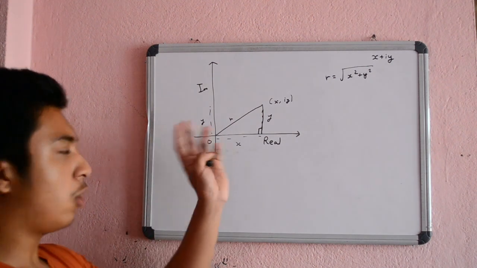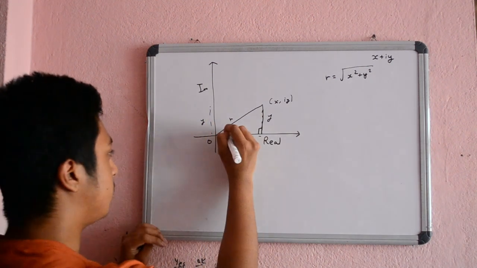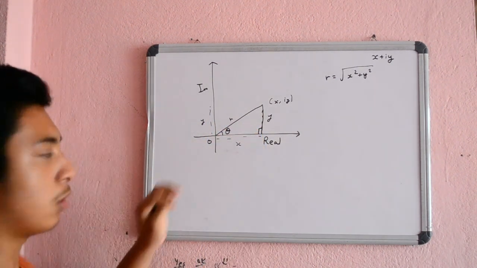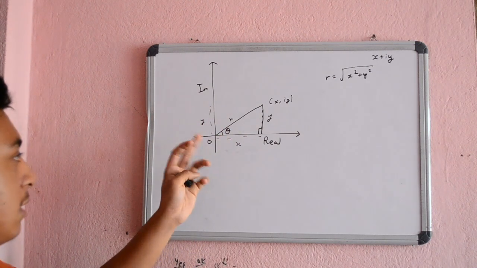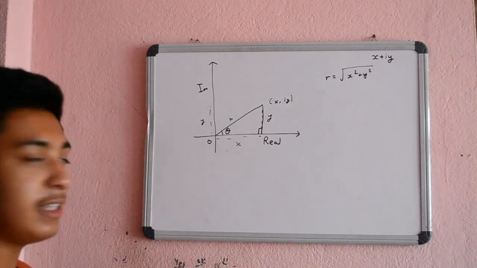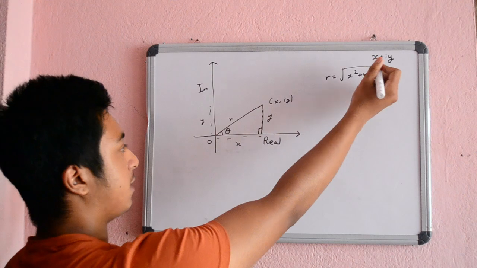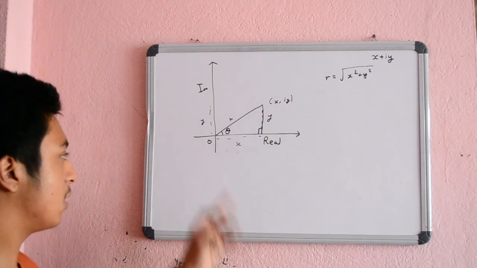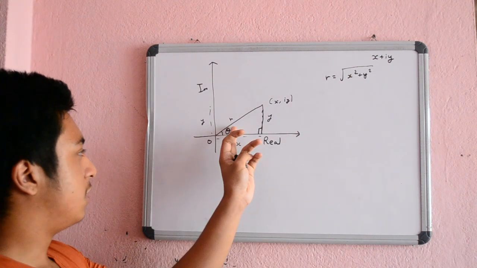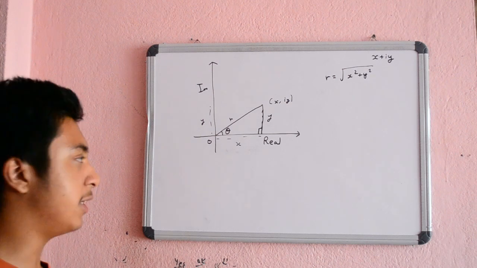Now, we not only need the length, but we also need the angle over here called the argument of the pole. And this θ can be anything, it depends on what this x plus iy is.